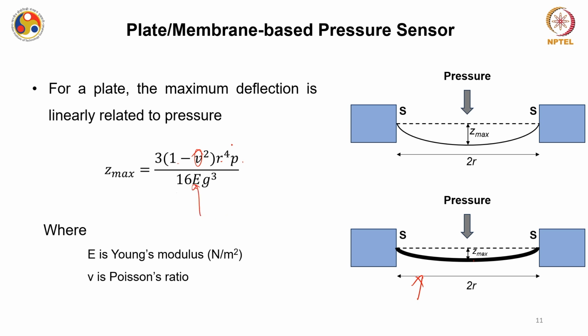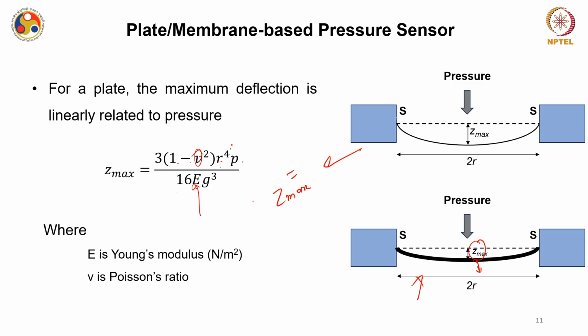So, Young's modulus and material strength becomes very crucial in this kind of device, because that will decide how much Zmax can be achieved using the structure.